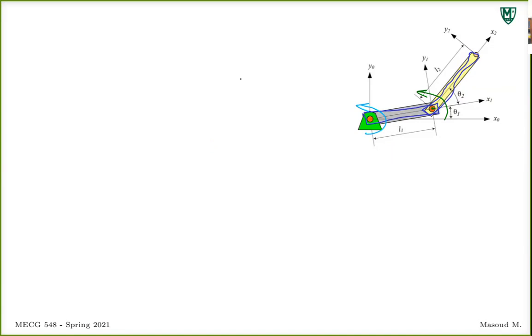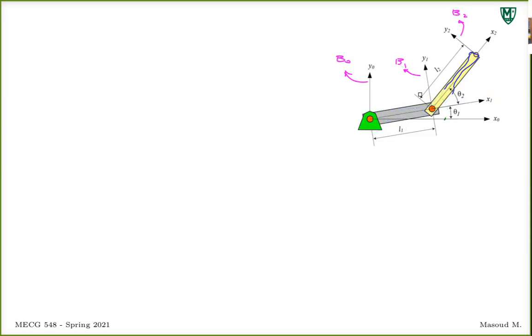So X naught and Y naught, this is your B naught frame. X1 and Y1, this is your B1 frame. And X2 and Y2, this is your B2 frame. Now, let me clean it up.